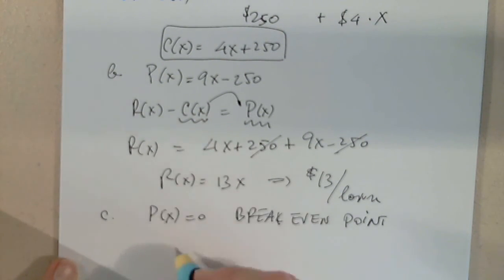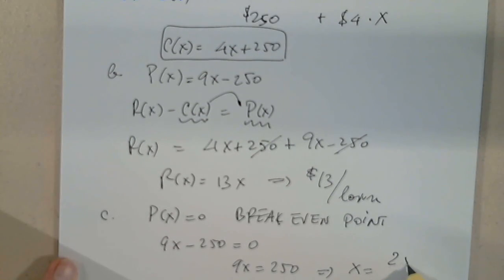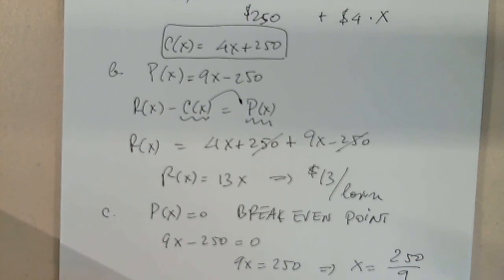So P of x equals 0 means 9x minus 250 equals 0, or 9x equals 250, so x equals 250 divided by 9, which is approximately 28.